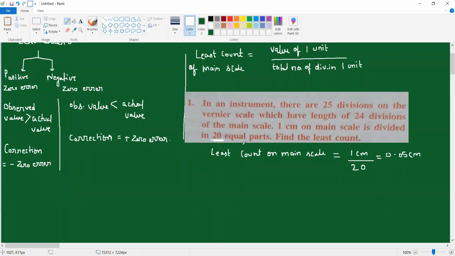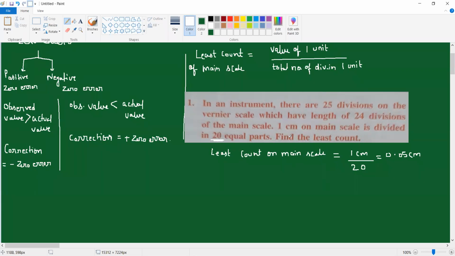So my question is: which is more accurate, the Vernier scale with this configuration, or the Vernier scale we discussed earlier, for which 10 Vernier divisions equal 9 main scale divisions? This one is more accurate, because it gives us further precision. It will be able to measure even smaller widths than 0.1 centimeter, a millimeter.